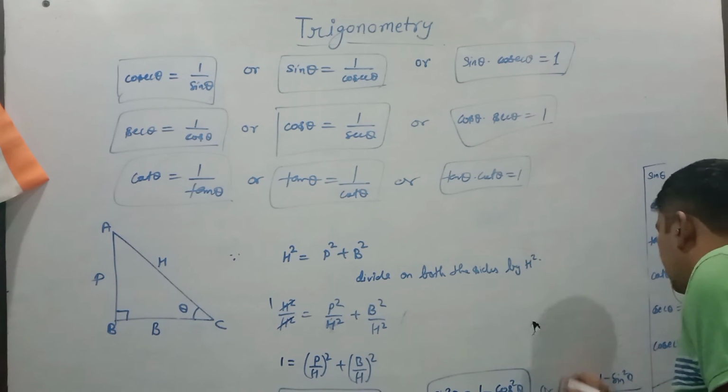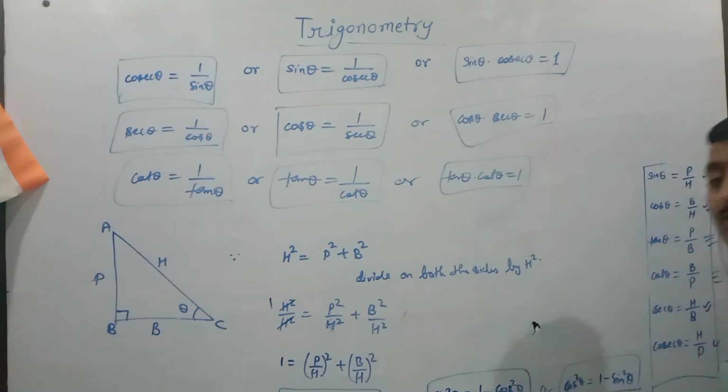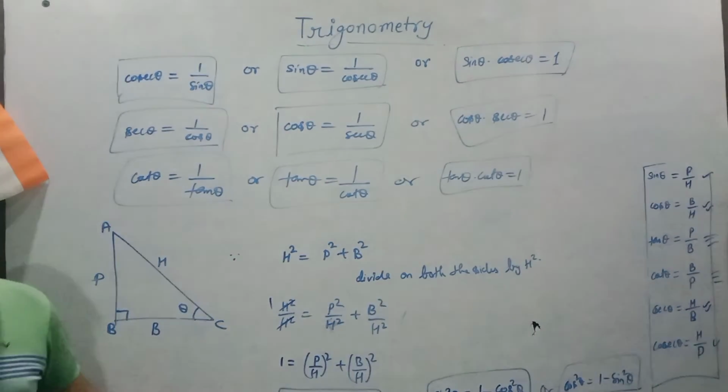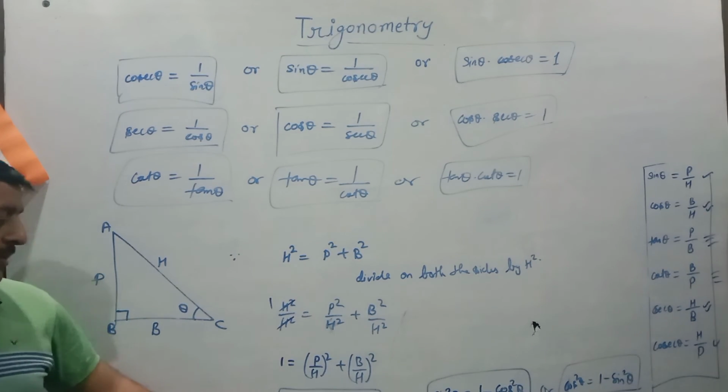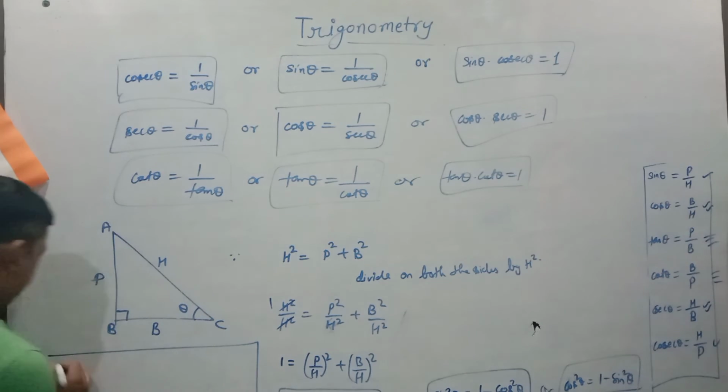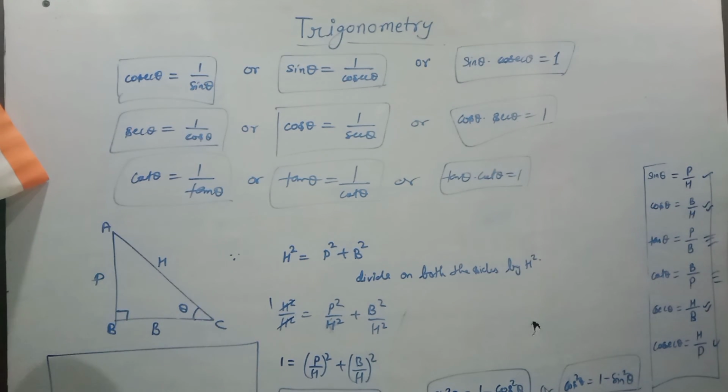Now there will be homework for all of you. You have to find the relations in terms of tan and sec. I write here and you have to prove it.